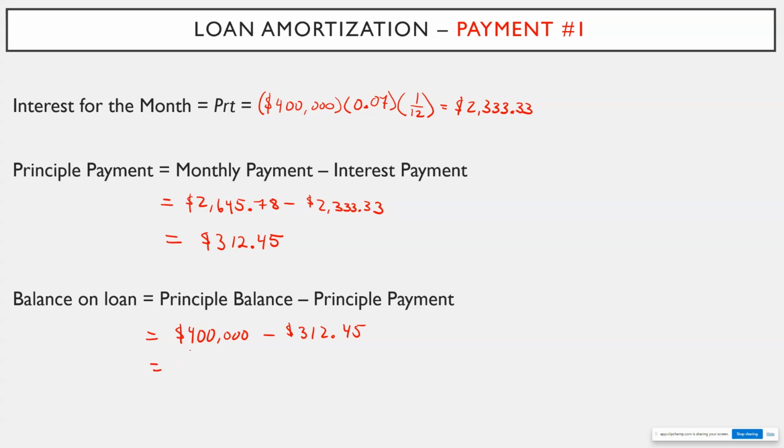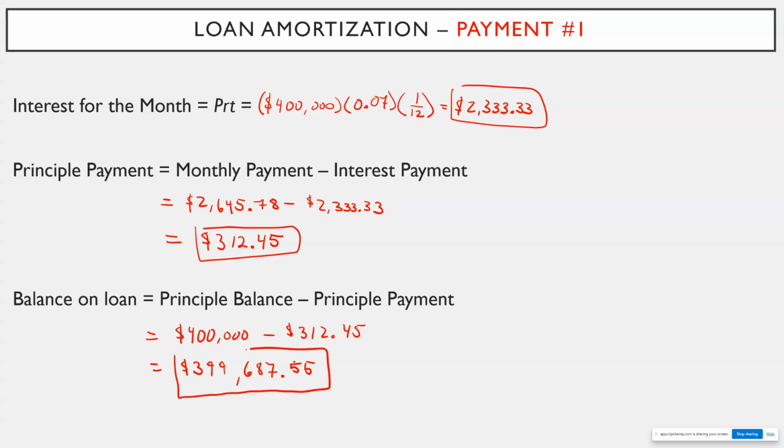So the new balance on the loan after the first month is $399,687.55. I know it seems crazy: we just paid over $2,600 on this house, but most of that went to interest.